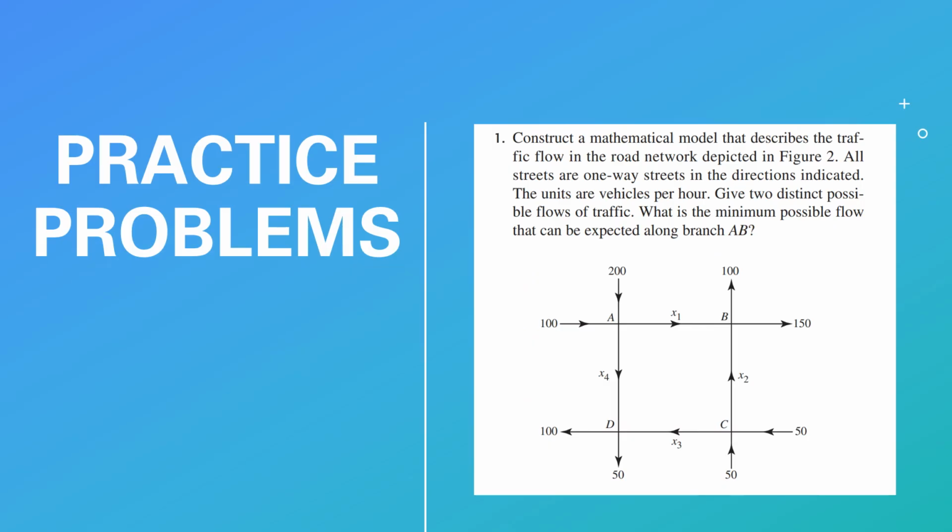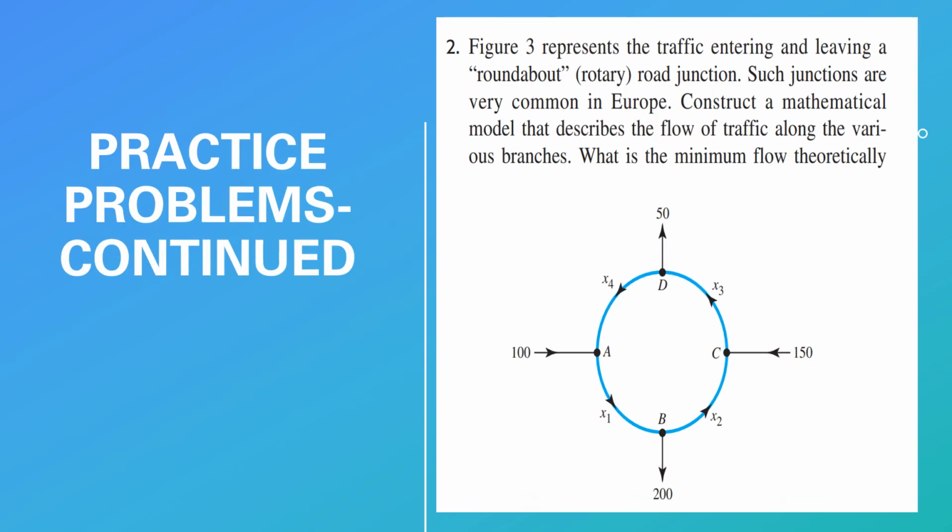For practice, there are several problems given here. We can use the same technique to find the unknown values x1, x2, x3 using systems of linear equations. Hope this video was helpful.